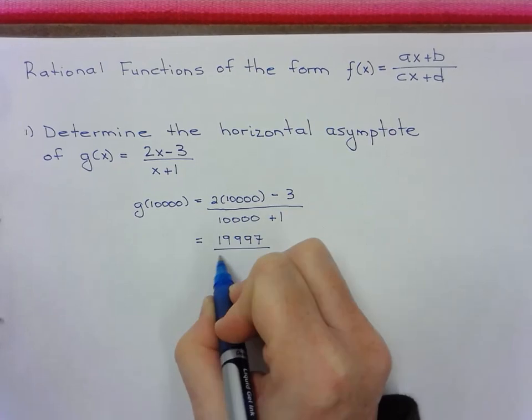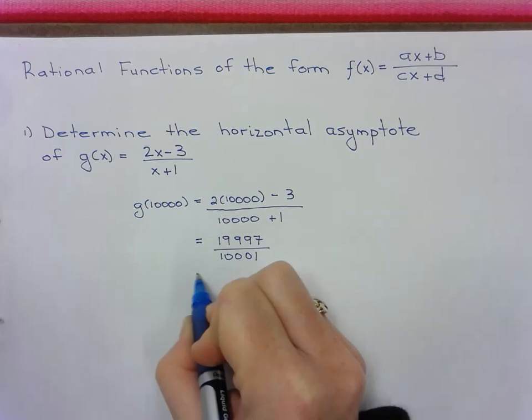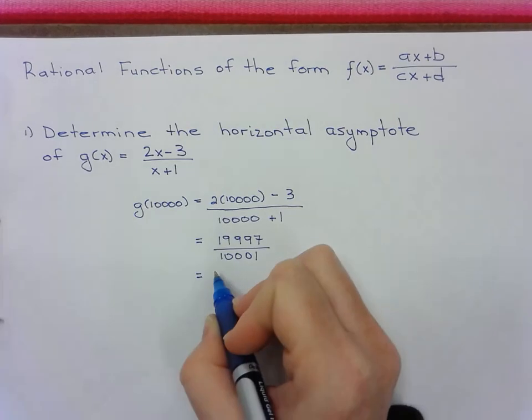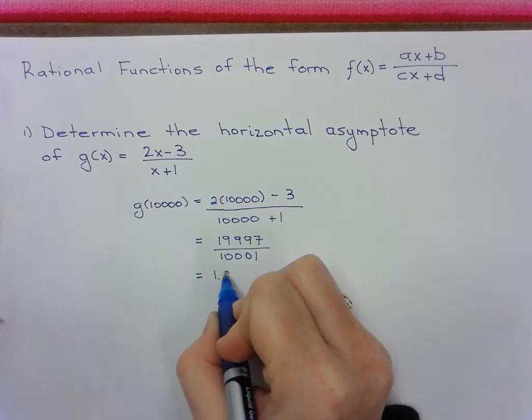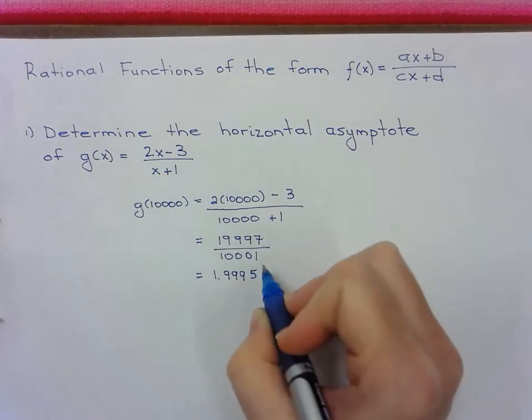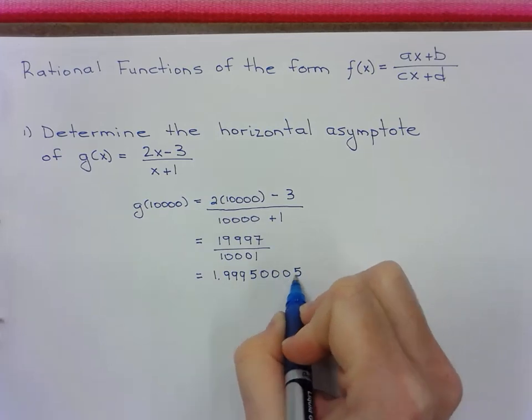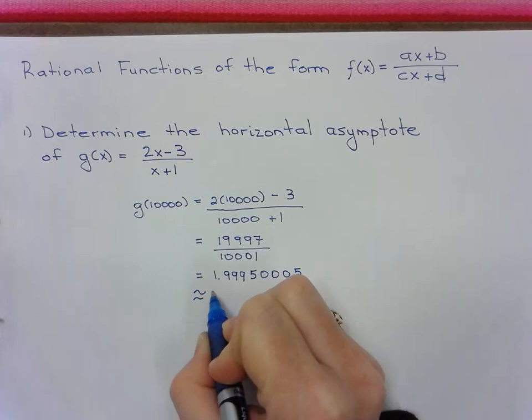So that is equal to 19,997 all over 10,001, which is equal to 1.9995005, or approximately 2.